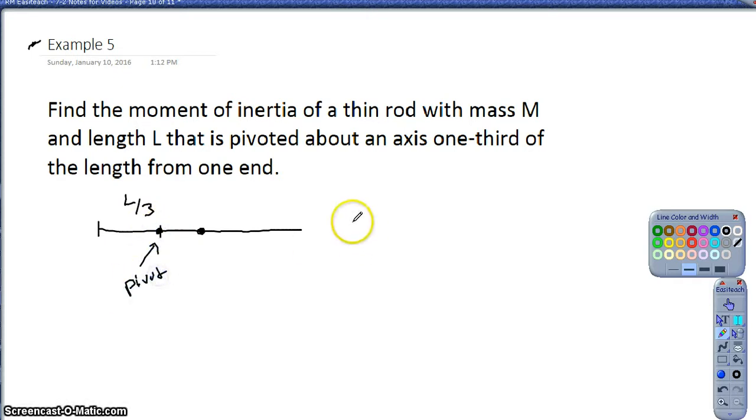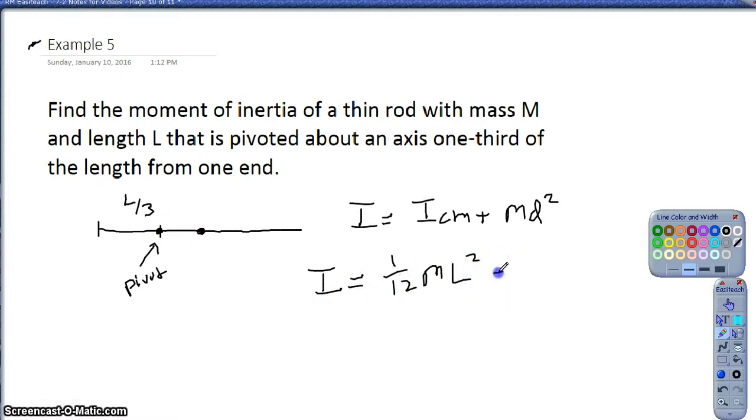So I'm going to use my parallel axis theorem and hopefully show that this is once again pretty easy. Feel free if you want to pause the video and try this on your own first and then confirm with my answer in a moment. But I'll assume you've paused it or are ready to move on. The moment of inertia about that point would be once again 1/12 ml squared plus m times how far away from the pivot point it is, and that is the only thing you have to be careful about. If it's L over 3 from one end, it's actually only L over 6 from the center.